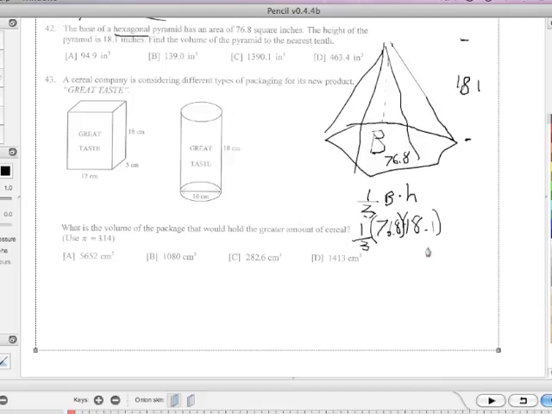But we could get it even faster by estimating. 18.1 divided by 3 is about 6. So we're really doing 6 times a number a little bit bigger than 75. 6 times 75. Just imagine you buy a pack of gum for 75 cents. You bought 6 packs. That's going to be $4.50. So here we go. That's the answer.